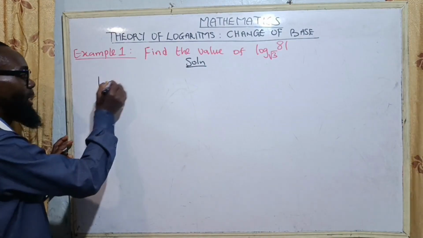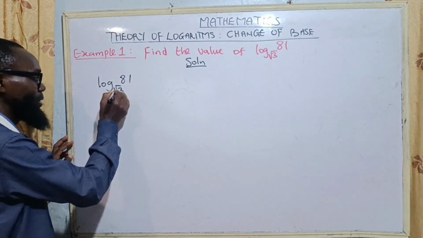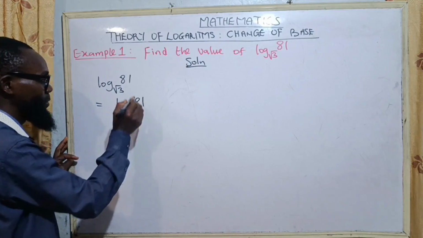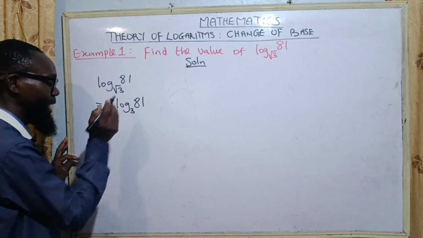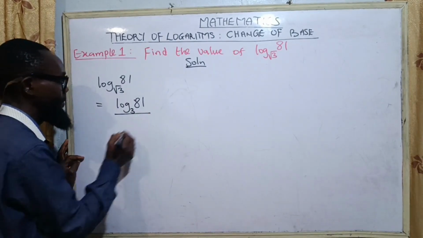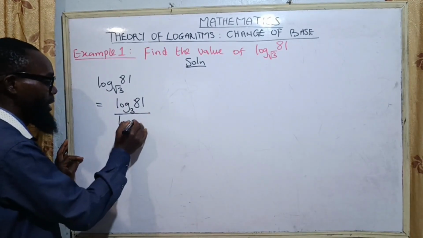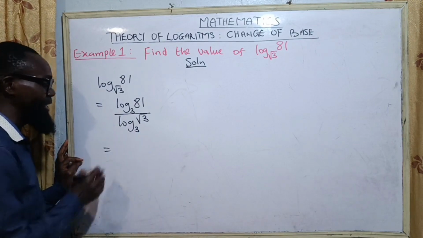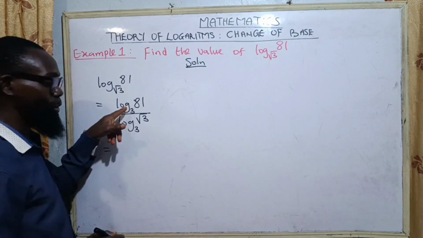Log 81 base root 3 could be written as log 81, let me put base 3. I want to use this 3 in this question as my base, over log square root of 3 base 3, because I know vividly that I can get 1 here.